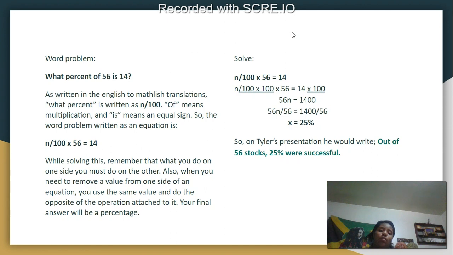And you would also have to do 1400 divided by 56, and you'd be left with 25. 25 what? 25%. So n equals 25%. And in Tyler's presentation, he would write out of 56 stocks, 14 of those stocks were successful.